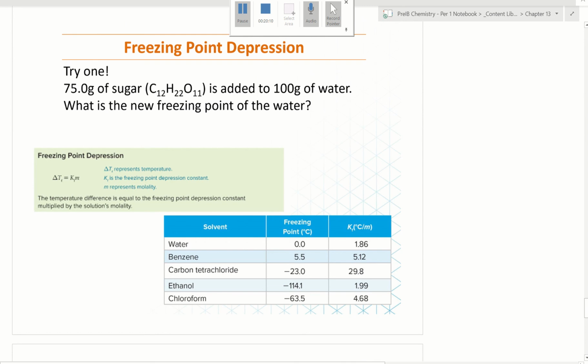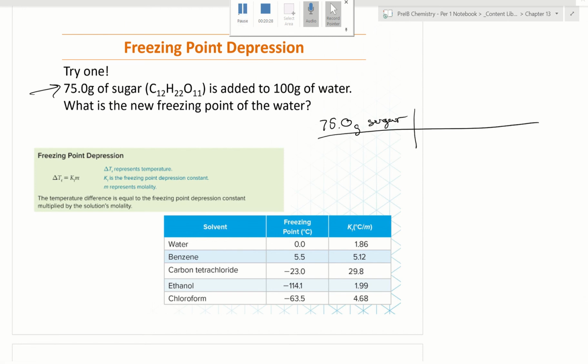All right, so we're using the exact same problem, except now we want to figure out the new freezing point of water. We're going to work it through again. So 75 grams of sugar, and we remember that 342.34 grams of sugar is 1 mole.